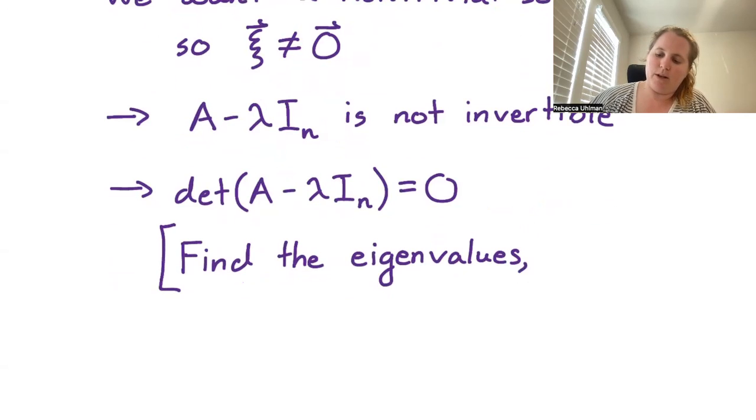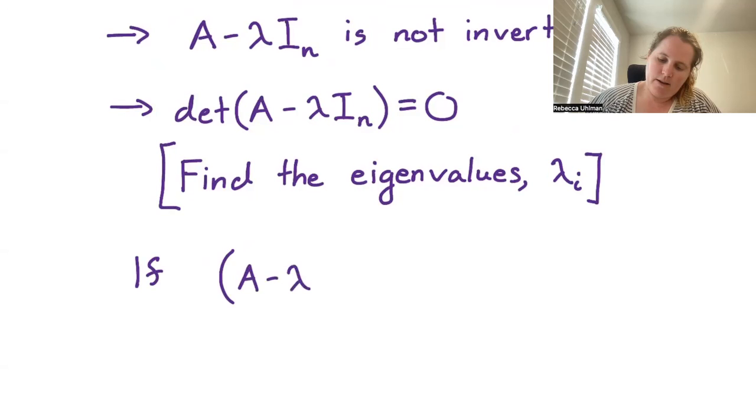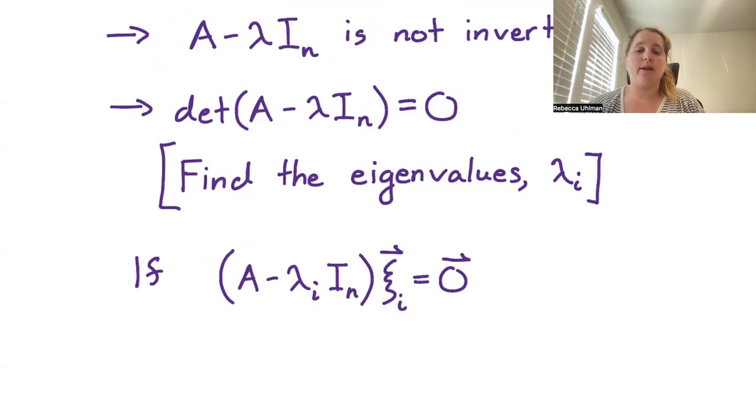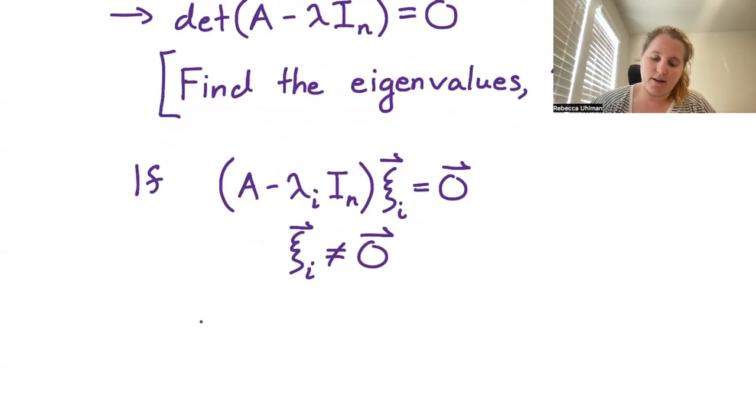Which we will denote lambda i. Then furthermore, if A minus lambda i times I_n times psi is equal to 0, I'm going to now name this psi i to partner with our lambda i, with psi i not equaling 0, then this means that our psi i is an eigenvector corresponding to eigenvalue lambda i.